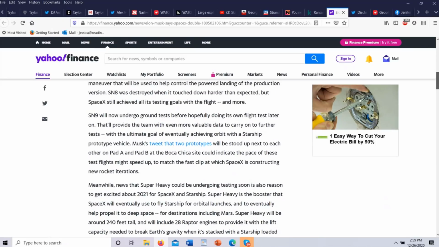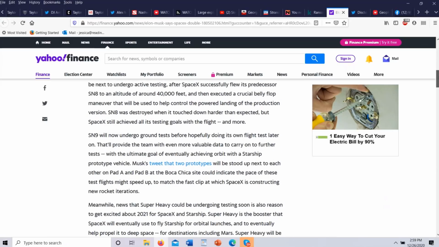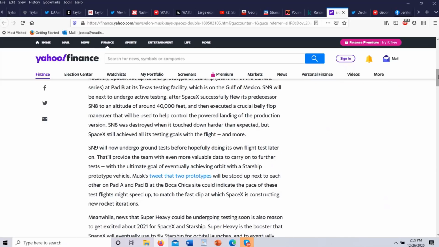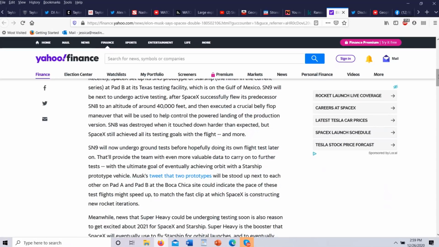No, you are right. Absolutely. For example, most of those things like SN8, SN9, all that stuff, they were destroyed on purpose, because there was tech inside, and it looks like 4,000 feet, all that stuff.